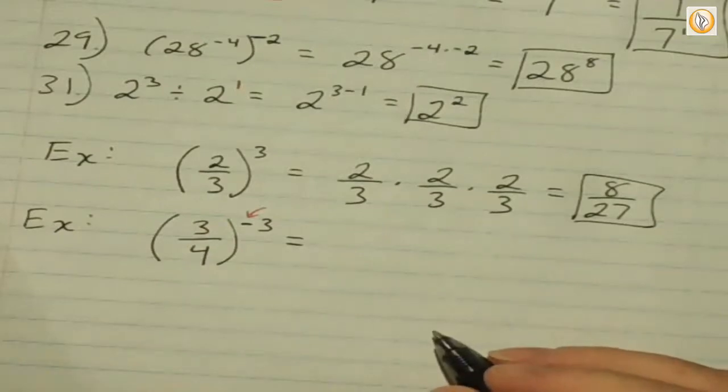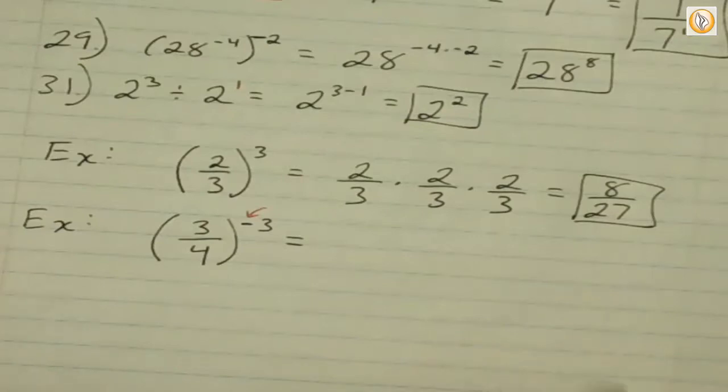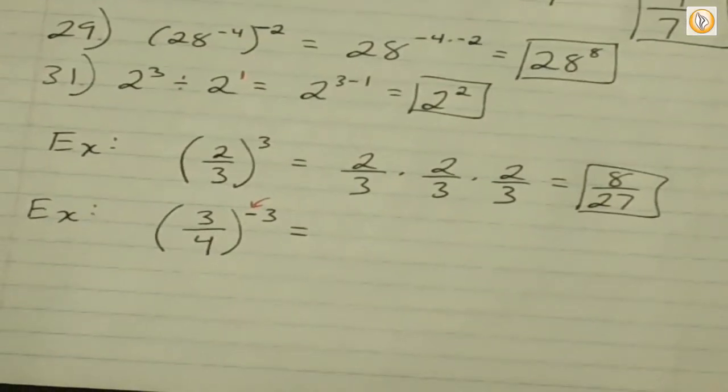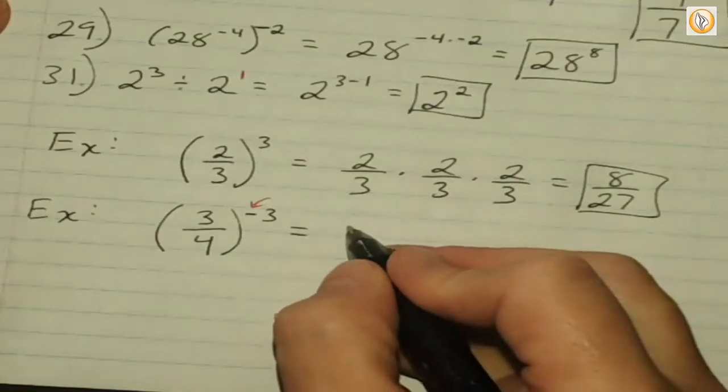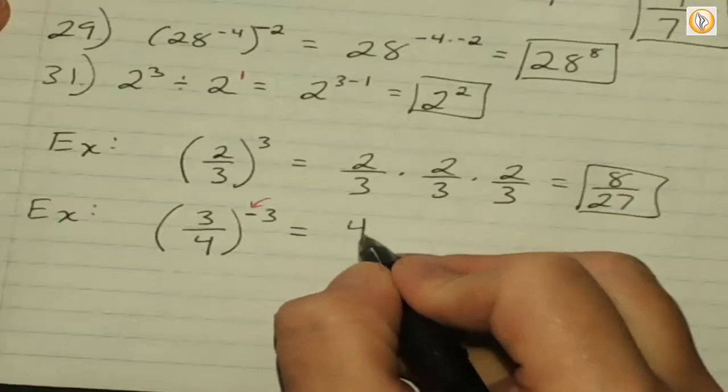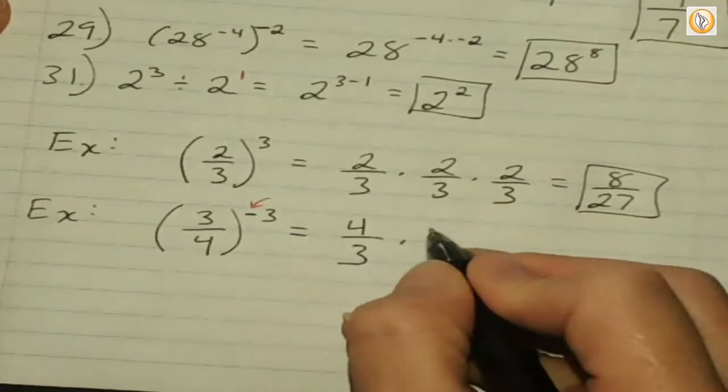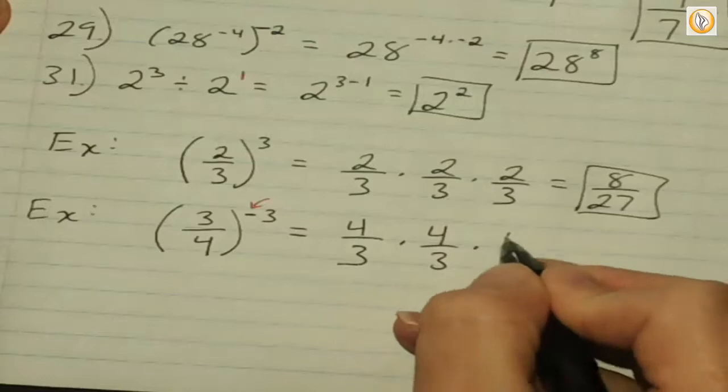So, let's write it down, and y'all need to pay attention because it goes against a lot of what we've talked about. So you flip it around, this is the fraction. And so what do you get? So you get 4/3 times 4/3 times 4/3.